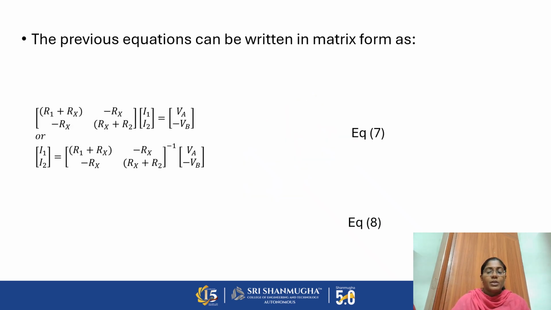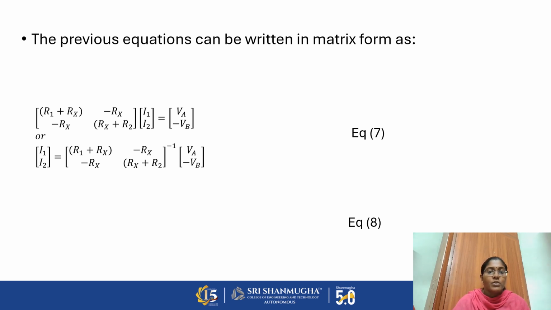The previous equations can be written in matrix form, as R times I is equal to V. The coefficient of I1 is R1 plus Rx, and the coefficient of I2 is minus Rx in the first equation.